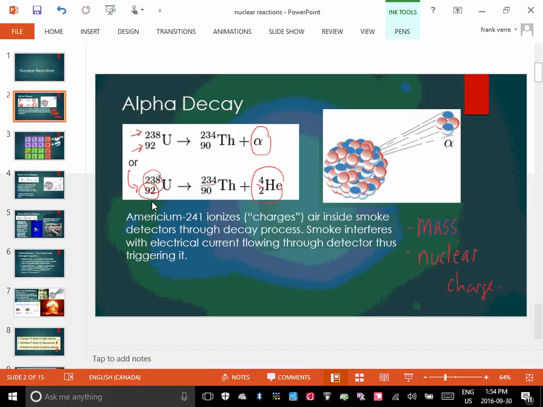Now, truthfully, the mass is not going to be exactly the same, but it's so slightly different that you won't even notice it. So we can ignore it for now. All right? So this is alpha decay. This is what Rutherford used in his gold-foil experiment to study the nature of matter. We talked about yesterday that smoke detectors use americium. They undergo alpha decay. That's the first type of nuclear reaction.